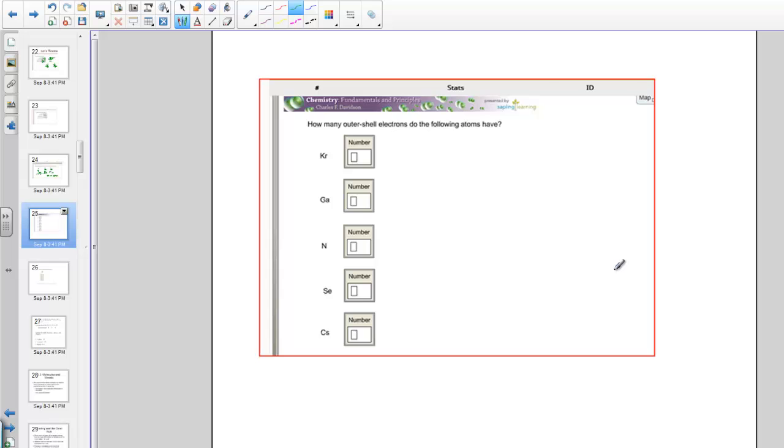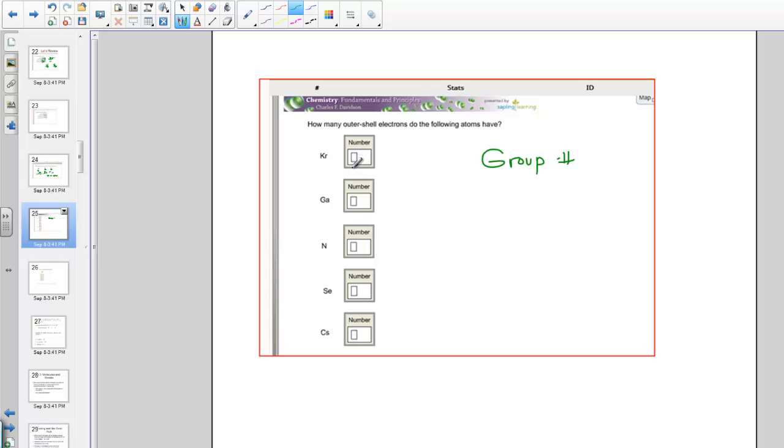How many electrons in the outermost energy level do the following atoms have? Well, this is asking you the same as the other slide, just a little bit different. It wants to know what group number these elements live in. The number of outer shell electrons, which are called valence electrons, simply comes from the group number that they live in. We have krypton, gallium, nitrogen, selenium, and cesium.